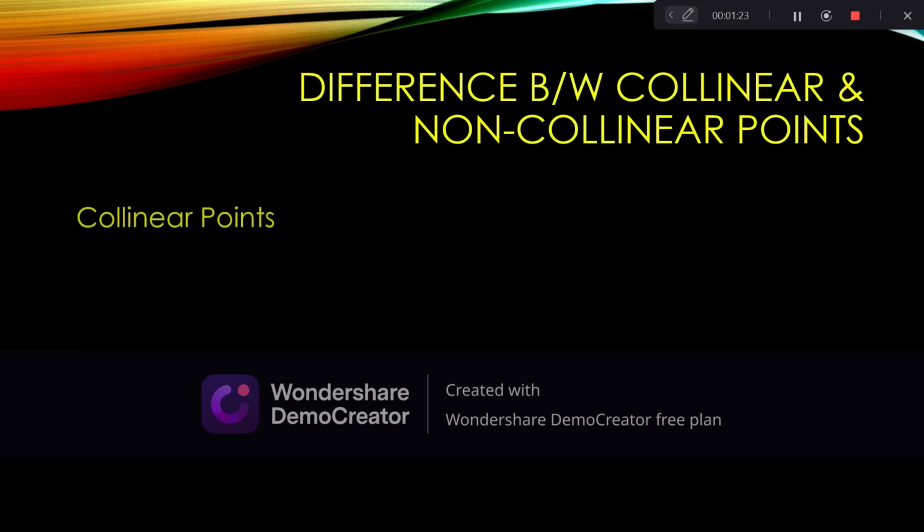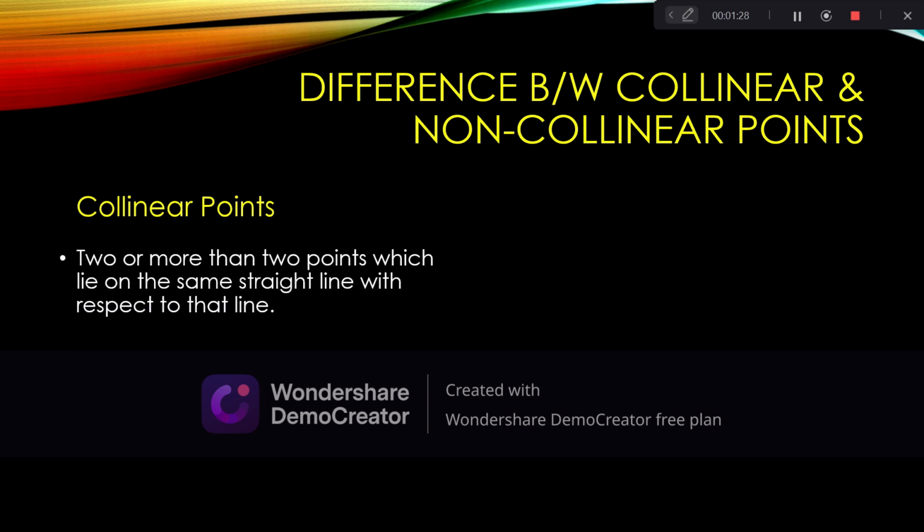Collinear points are two or more than 2 points which lie on the same straight line with respect to that line. So consider a straight line and 3 points, point A, point B, and point C. According to the definition, point A and point B lie on the straight line while point C does not lie on the straight line.